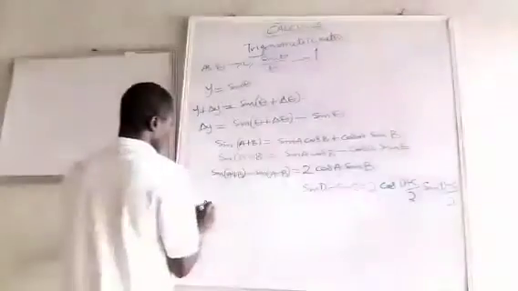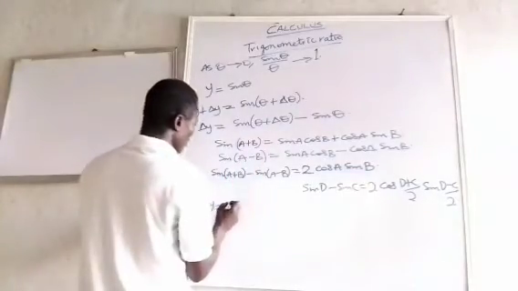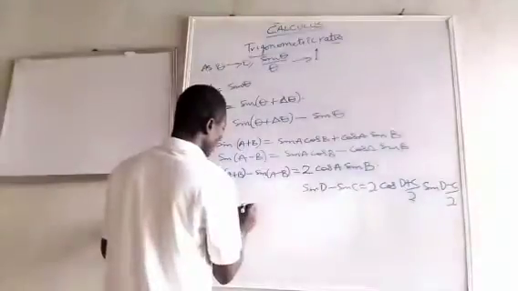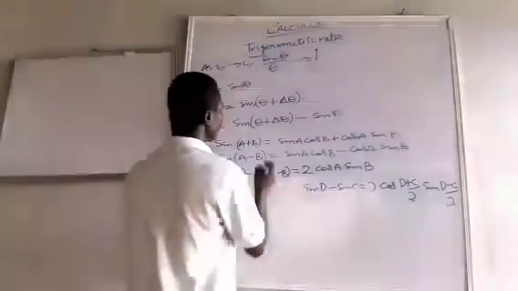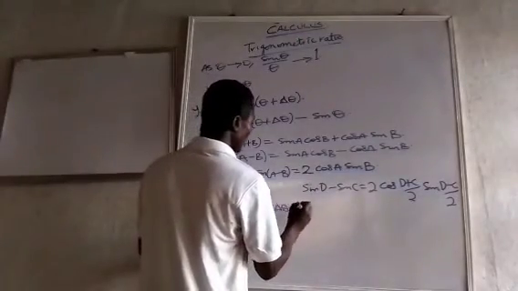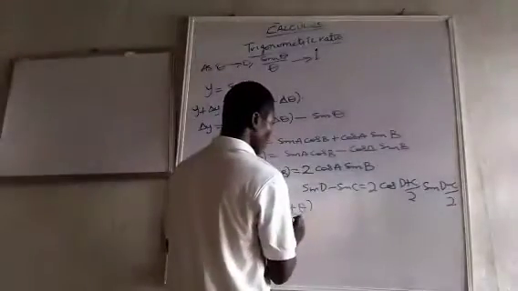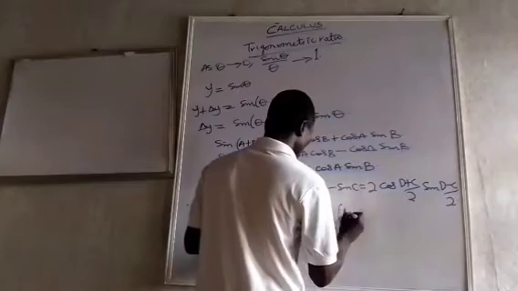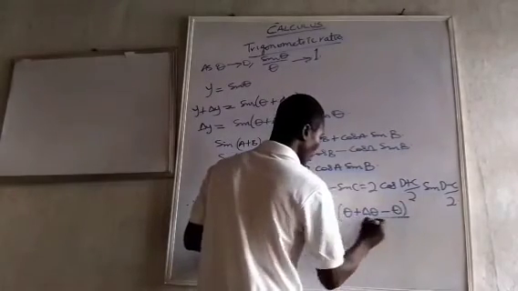Therefore, delta y will be equal to 2 cos of theta plus delta theta plus theta. That is this one plus this one, over 2, sin of this one minus this one, theta plus delta theta minus theta over 2.